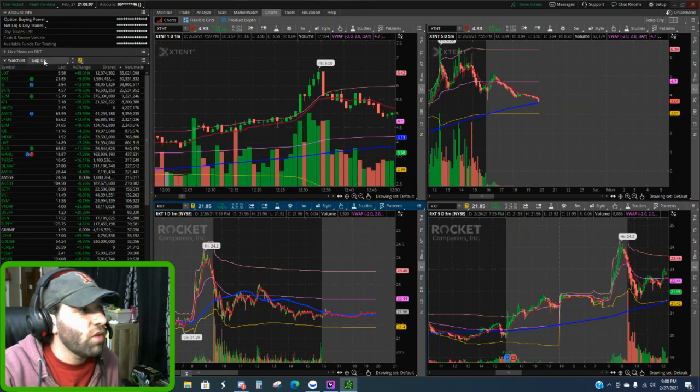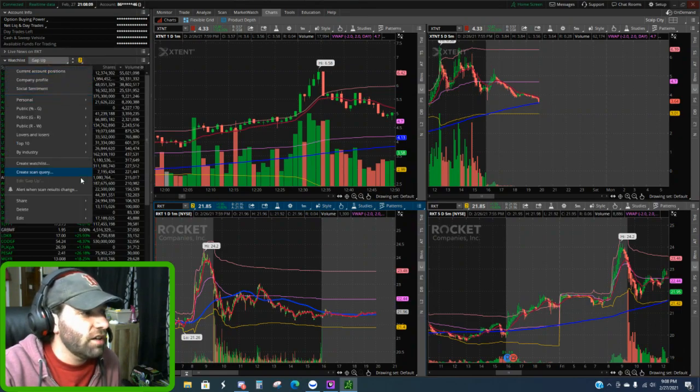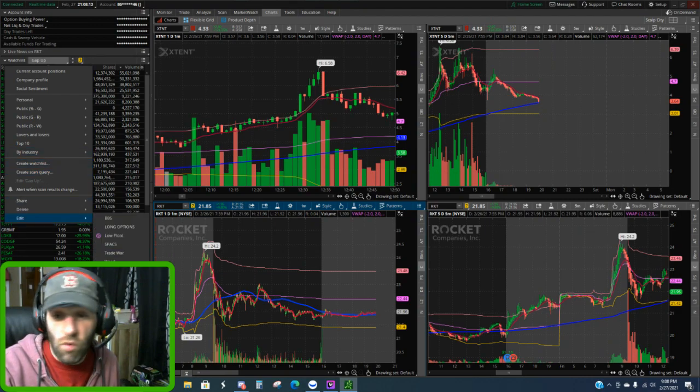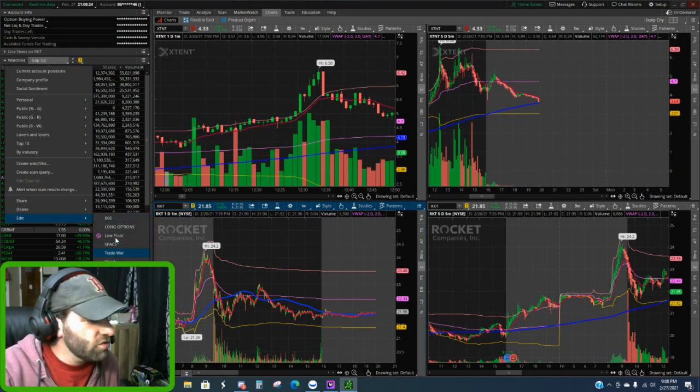You can just go right to watch list and you create your own watch list, which usually I have like 4 up here, which you see I have my SPACs, Trade Wars, just my weeds, long options, and then this is scalping options. So I create those, and then I have my own low float that I made.